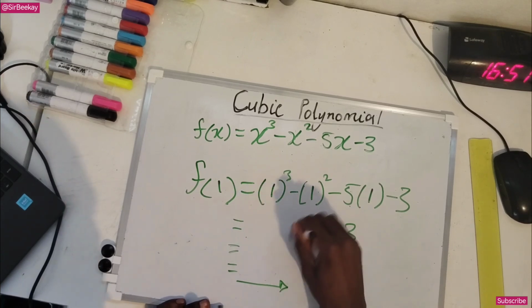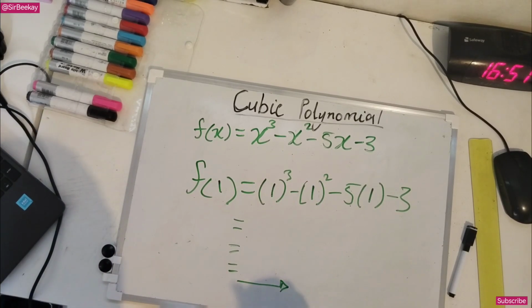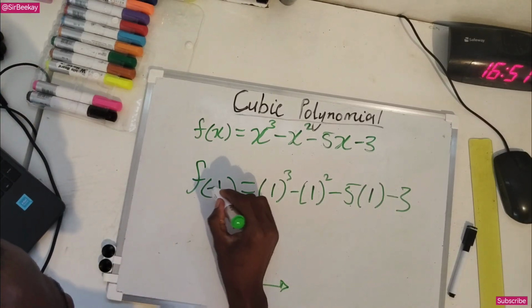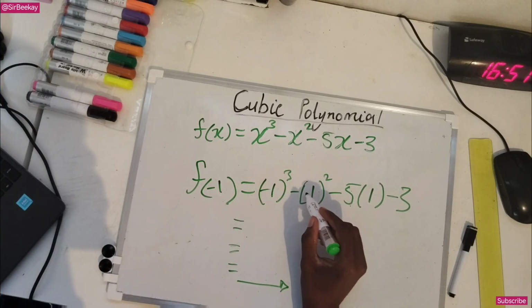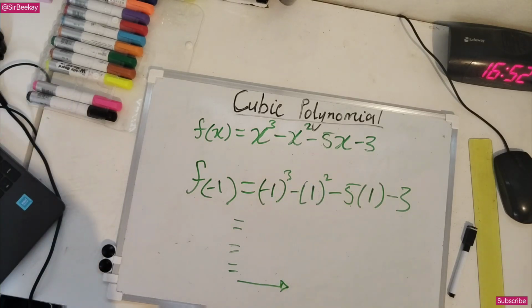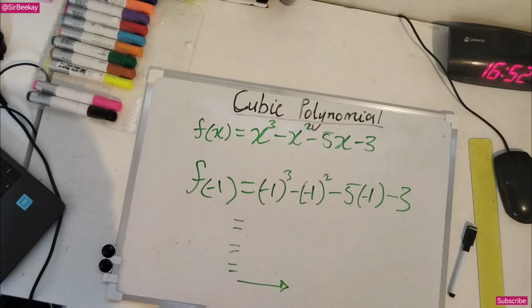Let me try another number. The goal is for this number to give me a 0 answer. Then I will know that that number is a factor of this cubic function. Let me try minus 1.